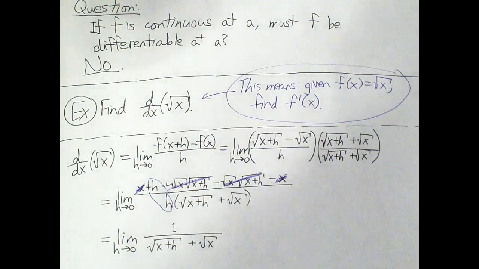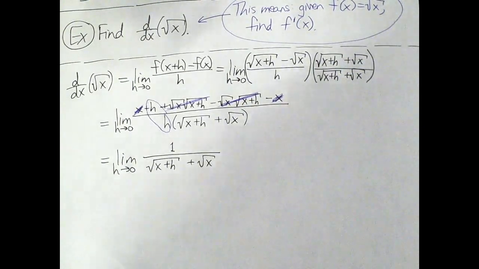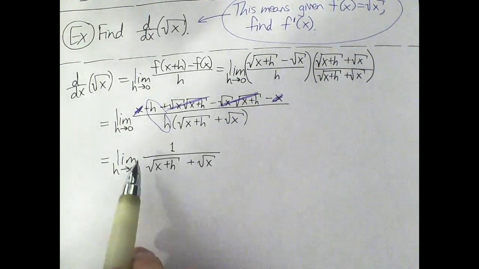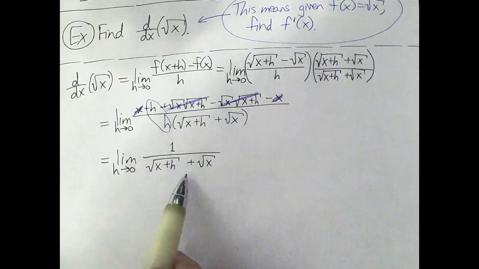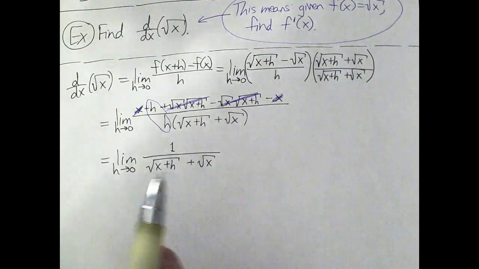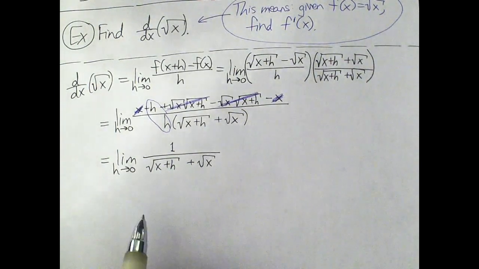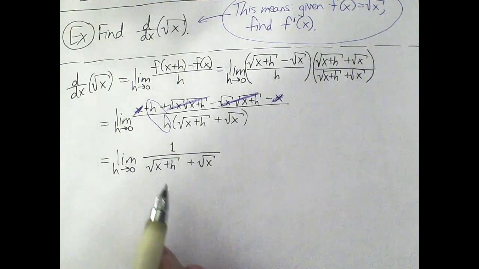At this point, I want to use some limit properties. And we had a lesson on limit properties pretty early on. We could say it's okay to take the limit of the top, limit of the bottom, limit of each piece. You're allowed to pull square roots out of limits. Remember all those properties? It's okay with me if you want to apply a few of those properties all at once.